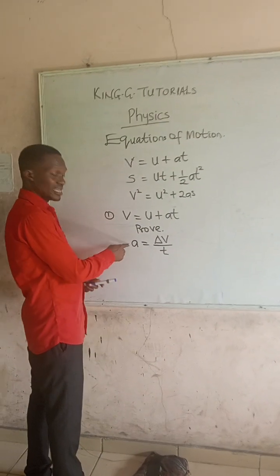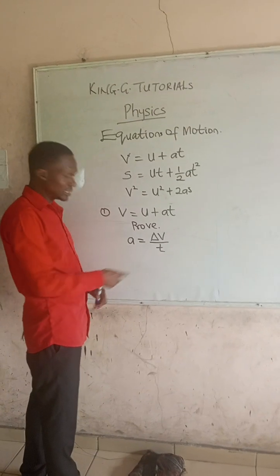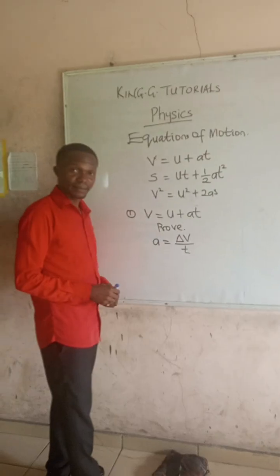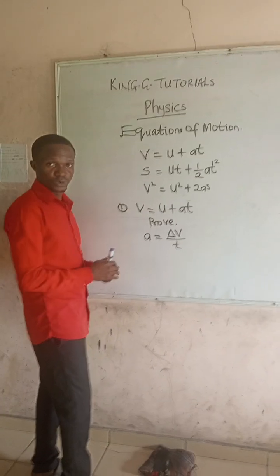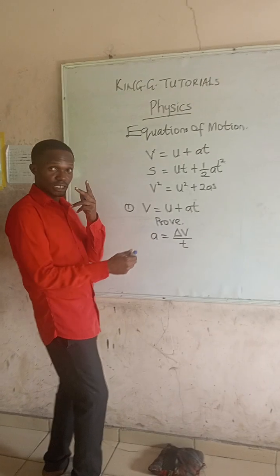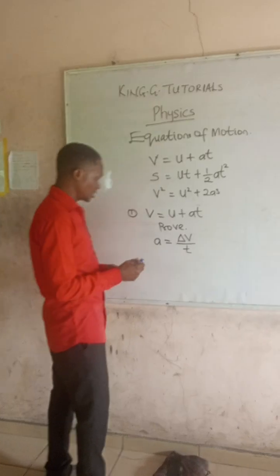Here, A is acceleration, V is velocity, and T is my time. Now we have a change here, and this change has to do with two things: the final velocity and the initial velocity.